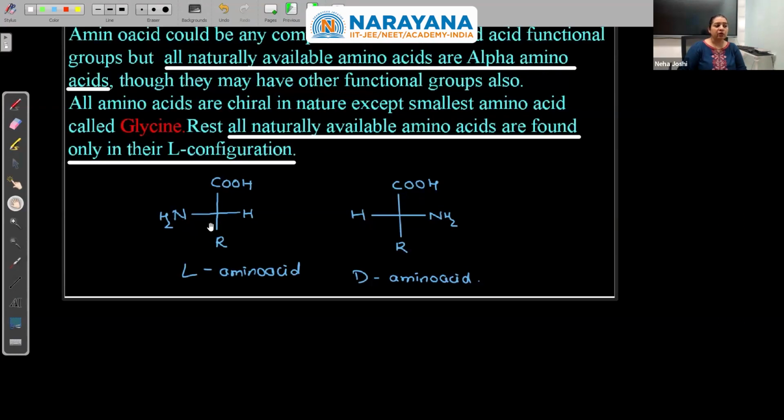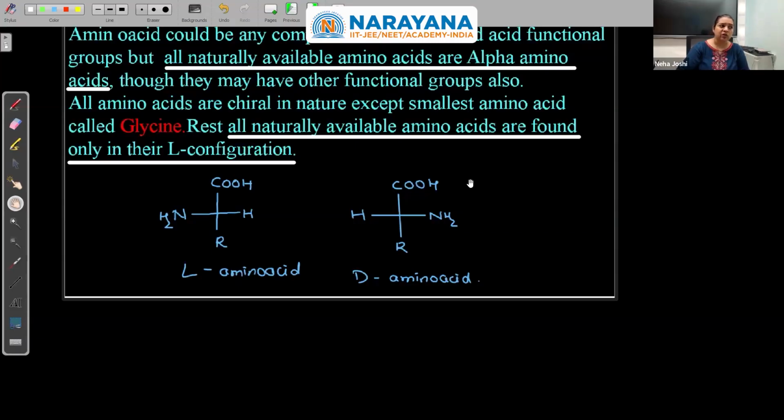Now here is the L amino acid. For amino acids, the terms capital D and capital L, like yesterday we did that in a conventionally correct Fischer projection of a monosaccharide, if the highest IUPAC numbered chiral center has OH on the right hand side of the Fischer projection, then we'll call it D sugar.